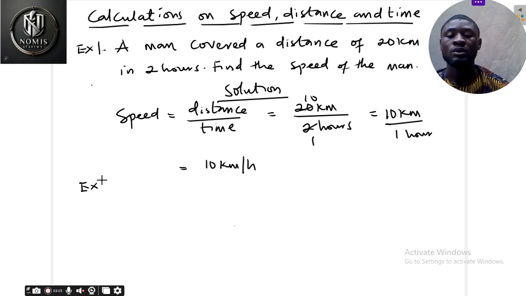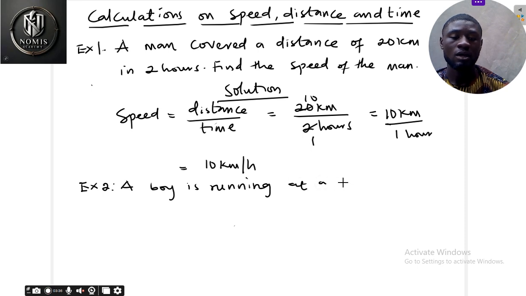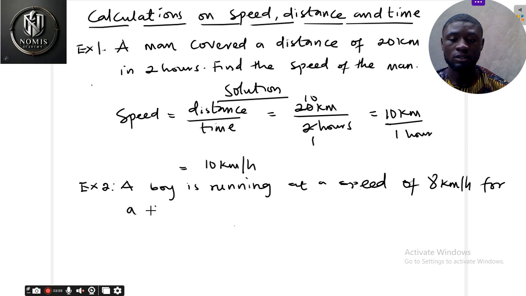Let's take example number 2. A boy is running at a speed of 8 kilometers per hour for a distance of 5,200 meters.